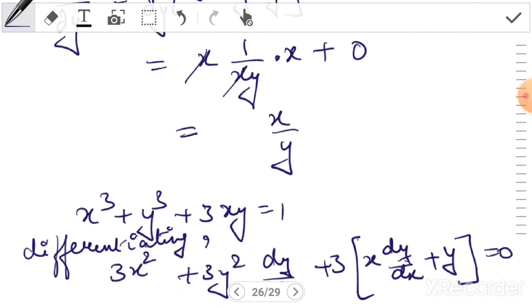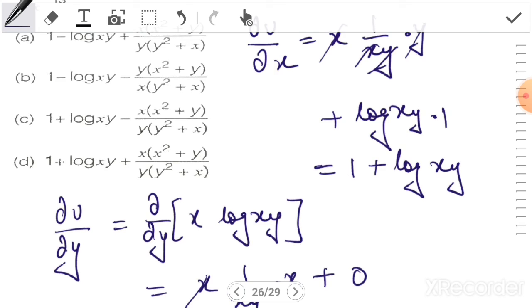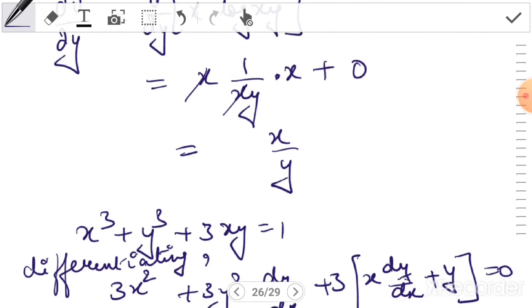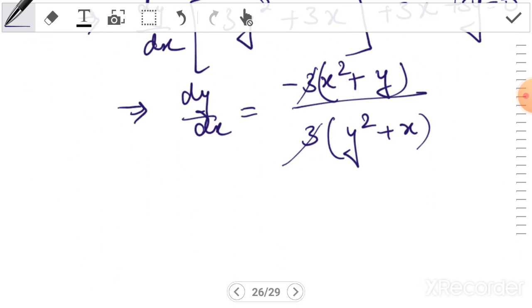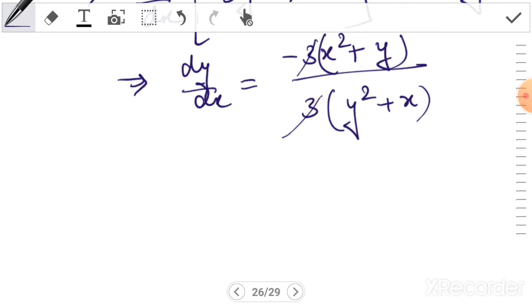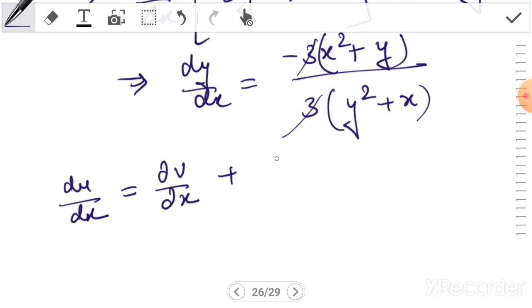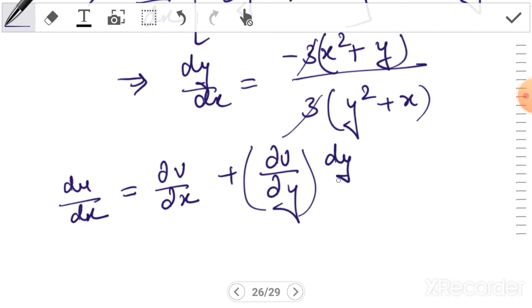So we have the values of del u by del x, del u by del y and dy by dx. Now by the total differentiation concept we know that du by dx is equal to del u by del x plus del u by del y times dy by dx.